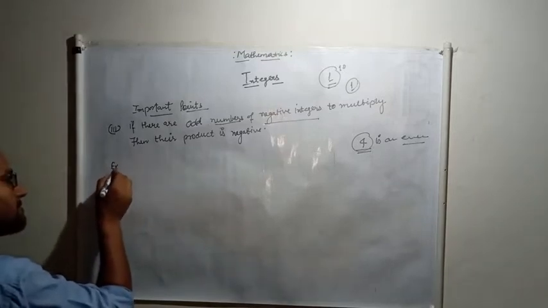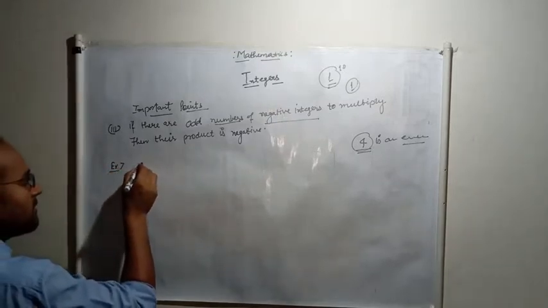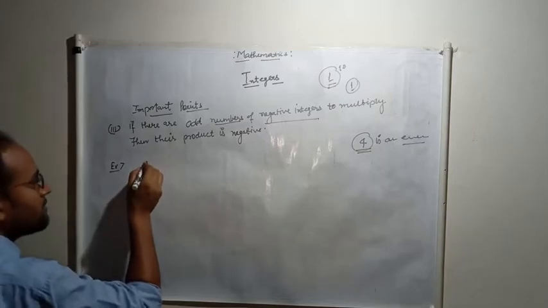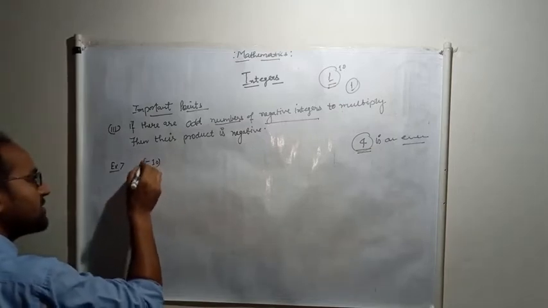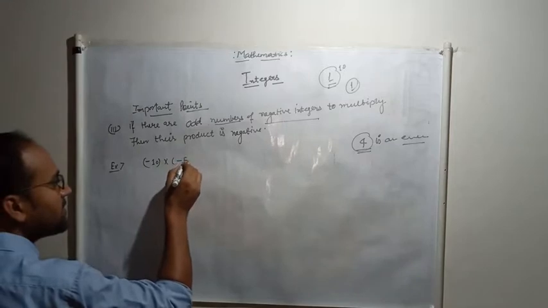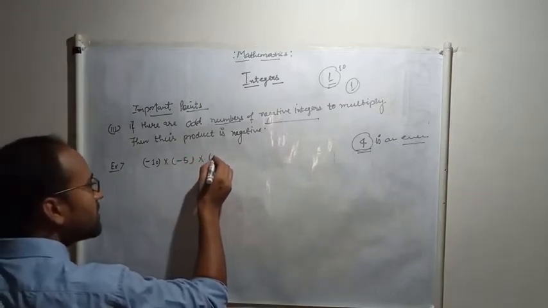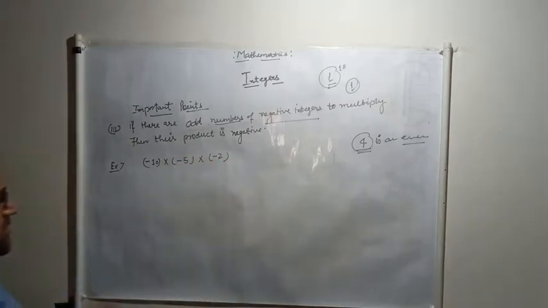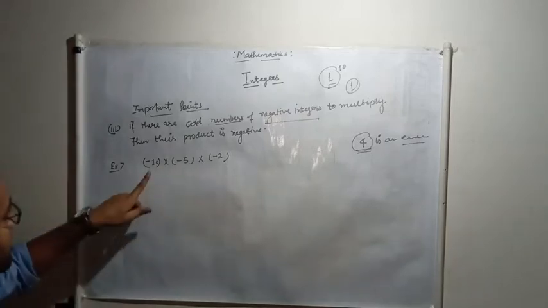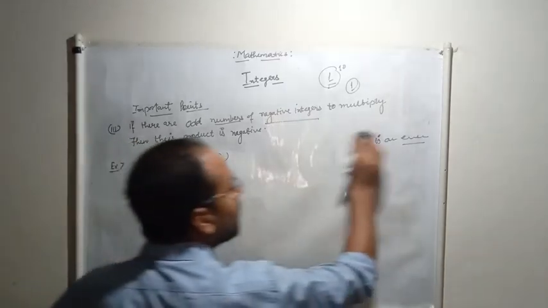Example: if I take -10 multiplied by -5 multiplied by -2. Here you see, how many times have I multiplied? 1, 2, 3. Is 3 even or odd, students?